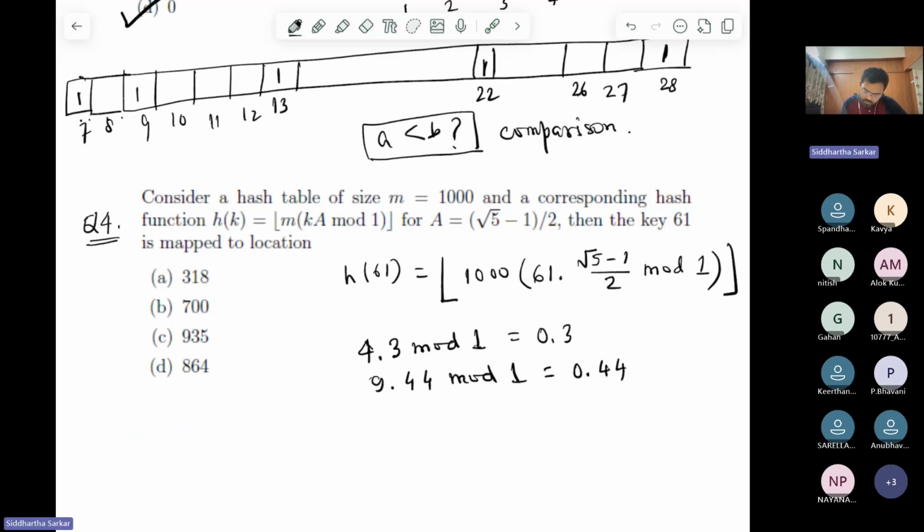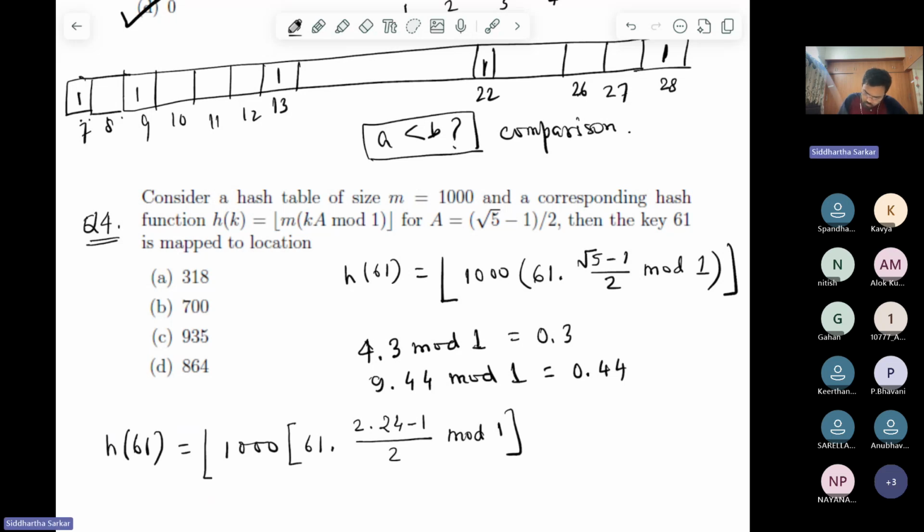Let's look at it. So 1000 times 61 times root 5, which is 2.24 approximately, minus 1 by 2, mod 1.